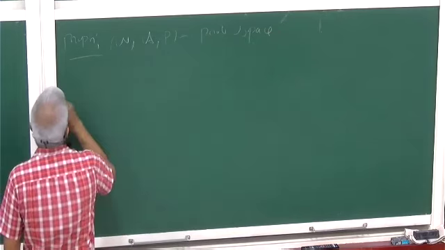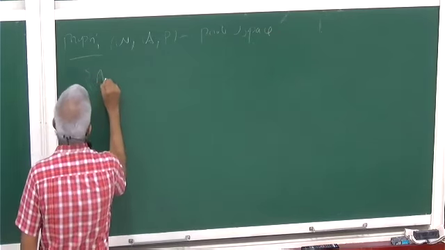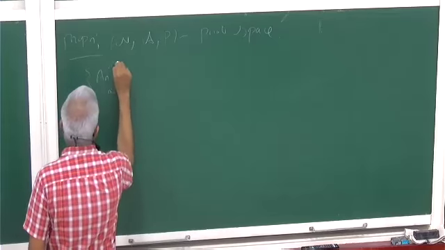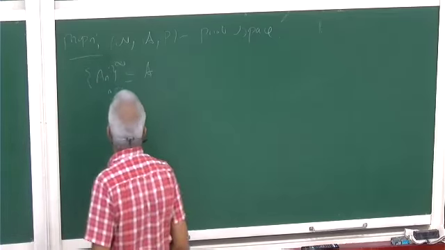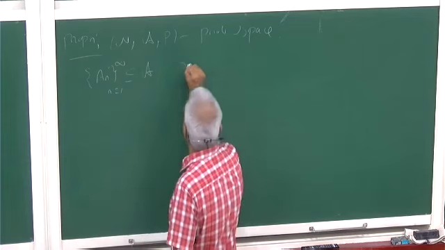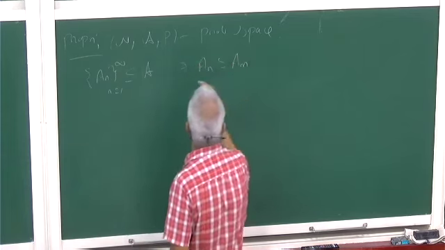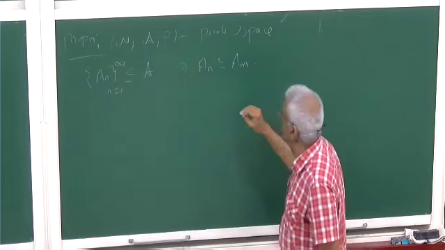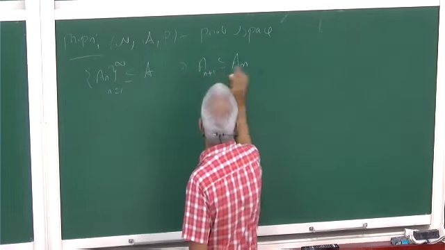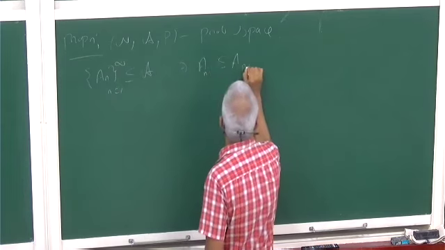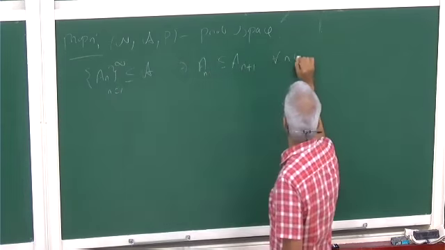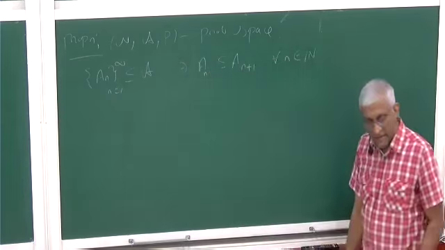Then if you have a countable collection An contained in A, such that the An are increasing, An is contained in An plus 1 for all n, this is enough.